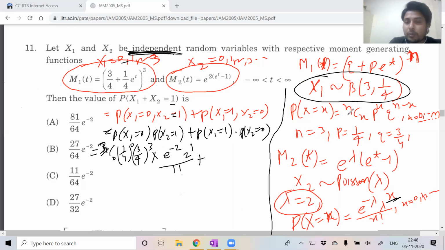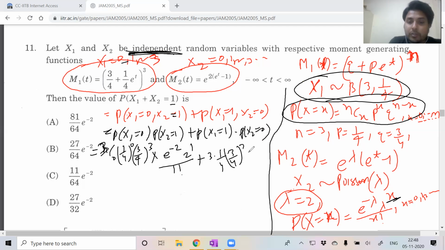X1 is 1, so here we put x is 1. So 3C1 is 3, p is (1 by 4) to the power 1, (3 by 4) to the power 3 minus 1, that is 2, into X2 is 0, so e to the power minus 2, lambda to the power 0 is 1, upon 0 factorial is also 1. So let's simplify. 3C0 is 1, (1 by 4) to the power 0 is 1.